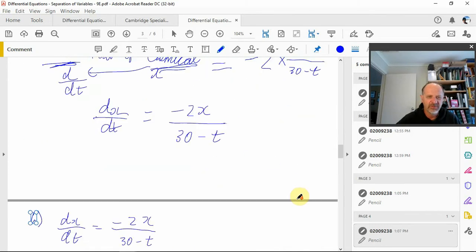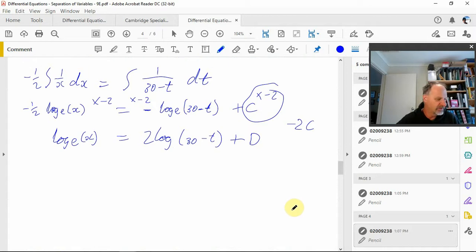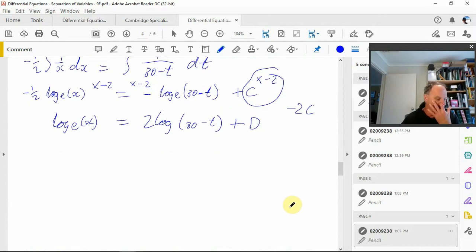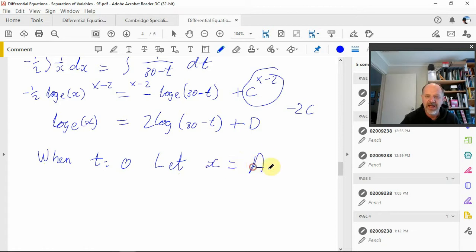Yep. Let's have a look. So what else can we do there? All right, so when time equals 0, let the amount that we've got equal A0, the amount at the start.